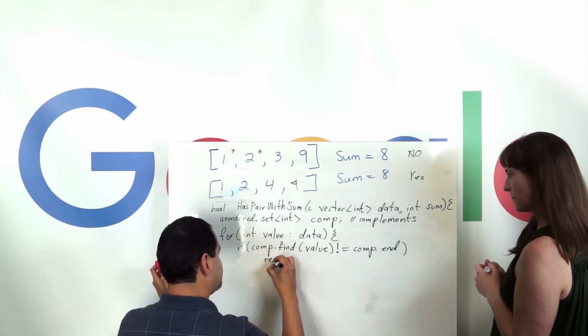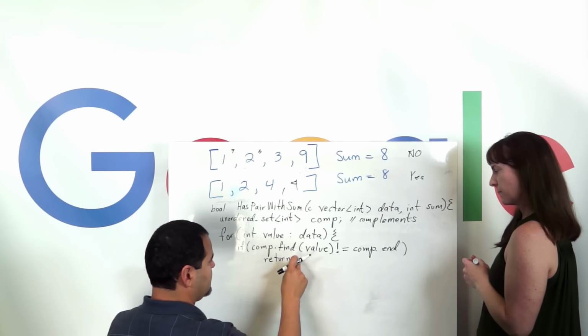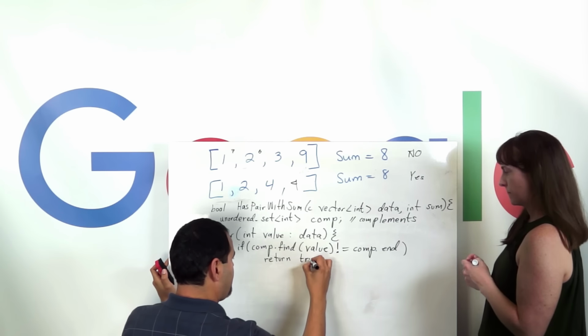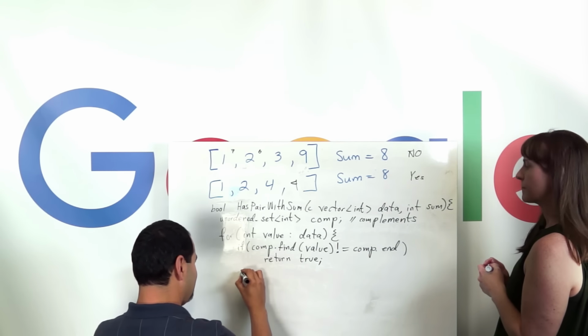That should be a return true, because this current element and something that I have seen in the past add up to the sum. Obviously it depends on what I've been inserting, so that's what I'm going to do here.